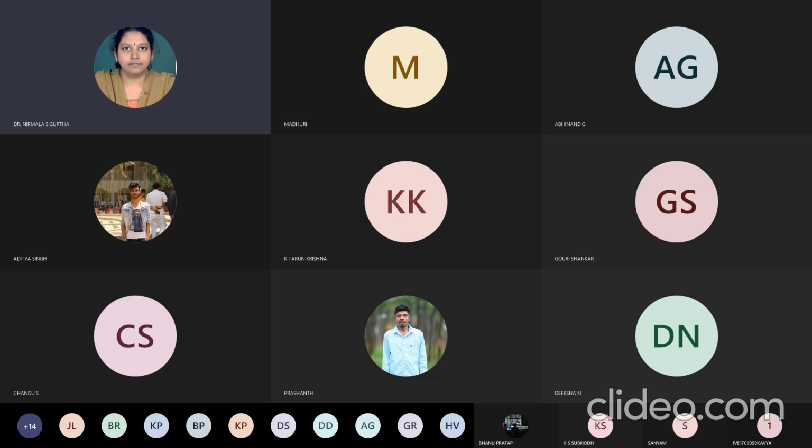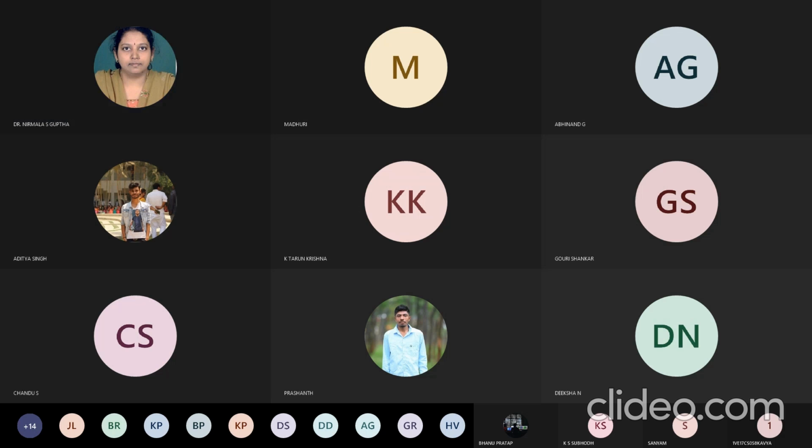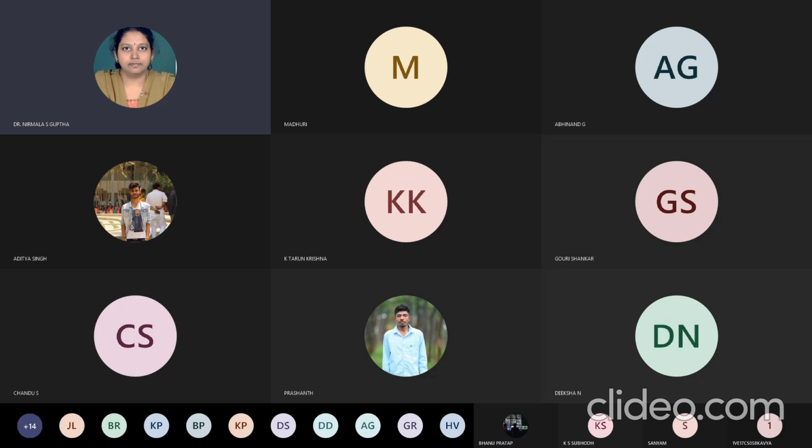Again, 2, 6. Similarly, we need to plot all the points of all the 10 rows. Next, the value is 4, 4. 4, 7. Then 5, 2 comes somewhere here. Then 5, 6.